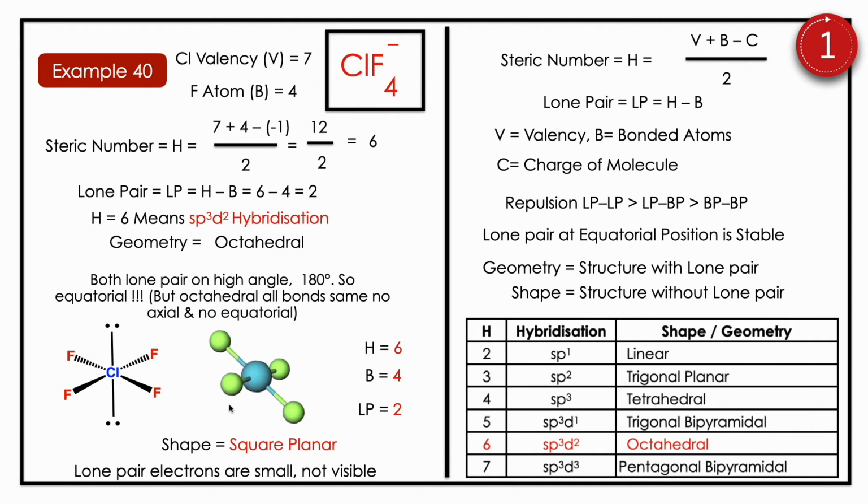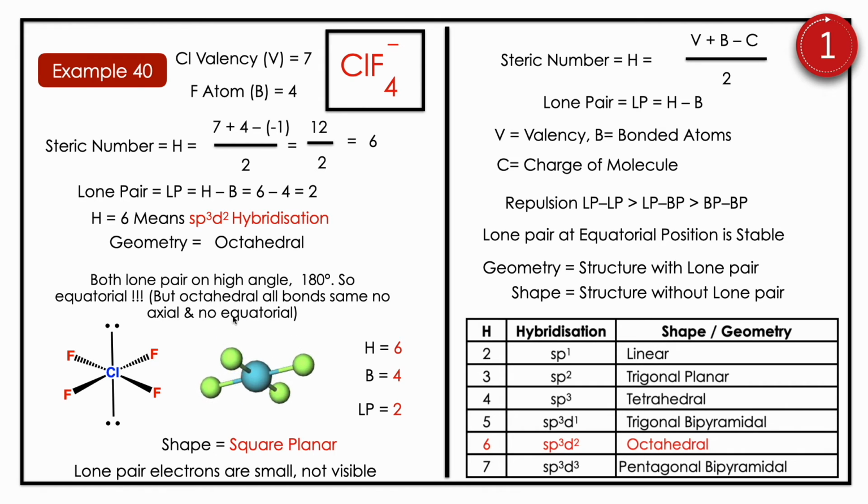Then example 40, ClF4 minus. Chlorine is the central metal atom. Valency is 7, fluorine is 4. So steric number will be H equals (7 plus 4 minus (minus 1)) divided by 2, which gives 12 by 2 equals 6. So the lone pair will be H minus B, which is 6 minus 4 equals 2. H6 means sp3d2 hybridization.